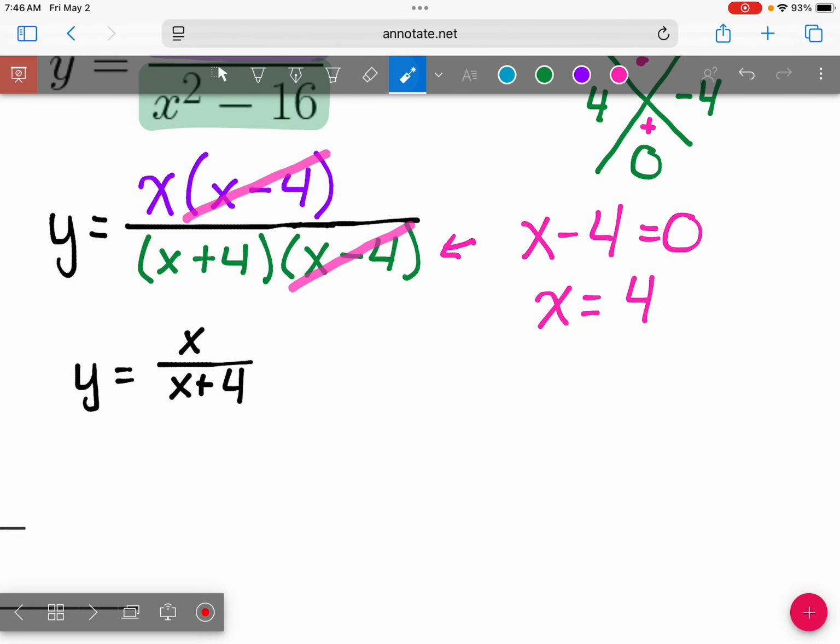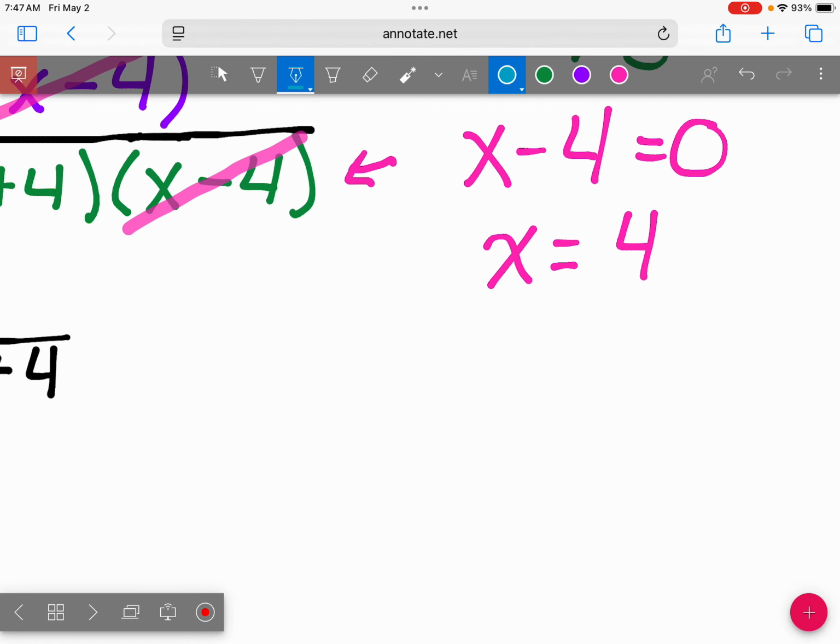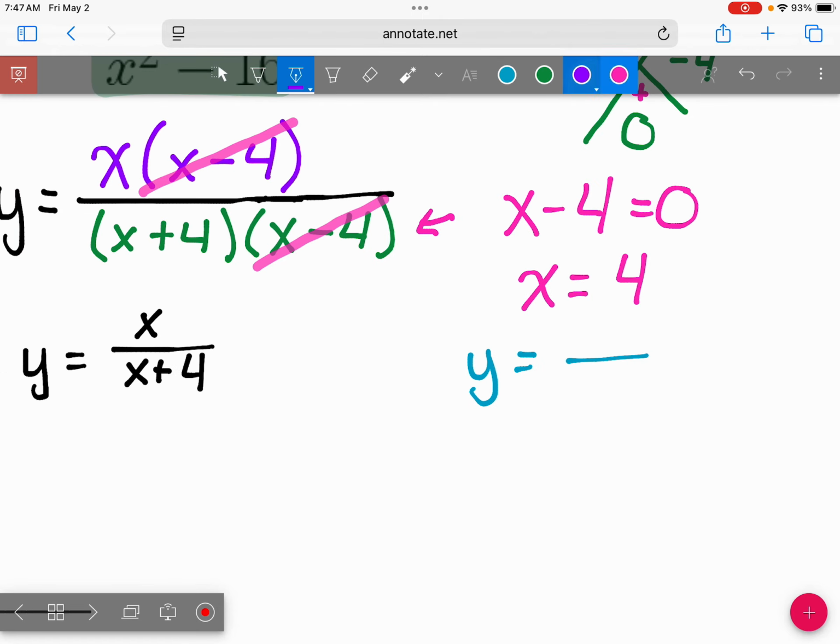And even when this is looking a little bit gross, because this is not transformation form, we can still get the y value of our discontinuity using that. I can get my y equal to 4 over 4 plus 4. Lots of 4s.